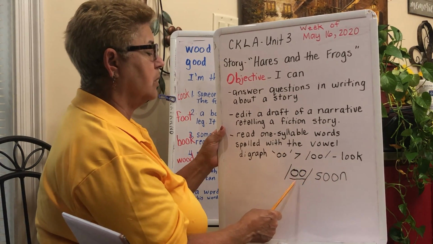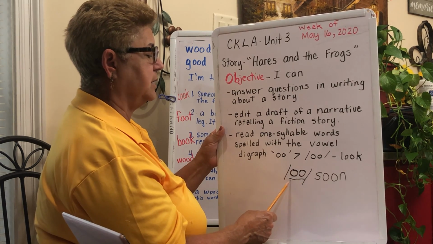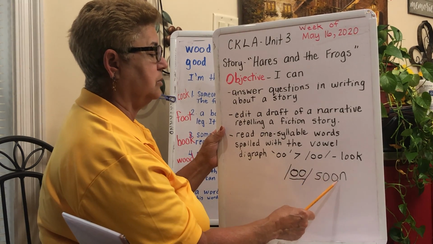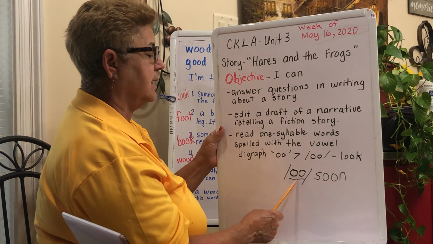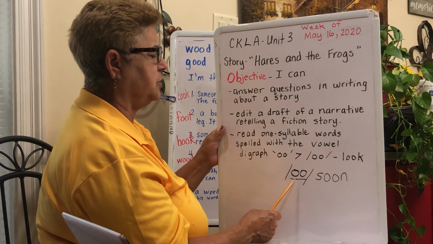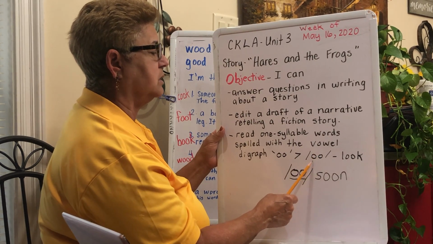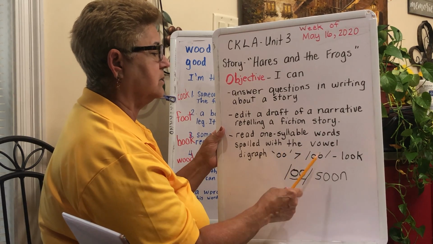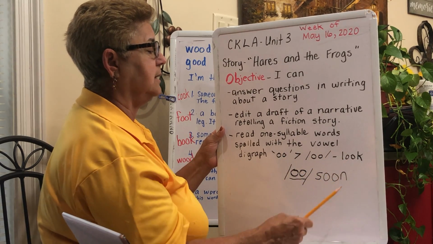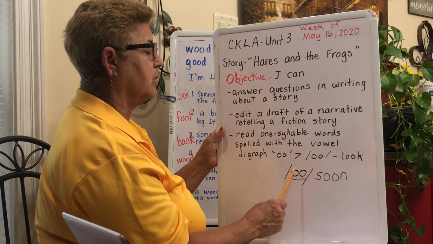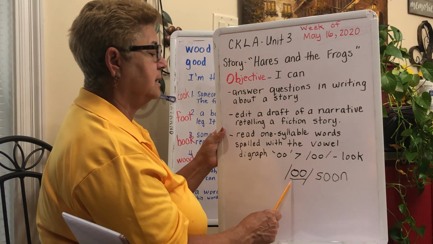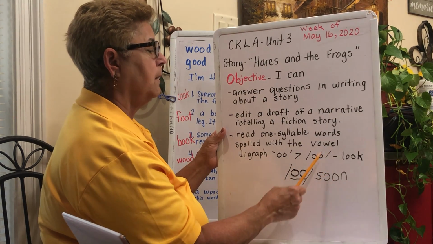Earlier we learned O-O with the line underneath it was the oo sound, as in soon. And it has the line under it so that you can see the difference, because when you see the O-O without the line, it's going to be the sound, as in look. So remember, O-O with a line is oo, as in soon.